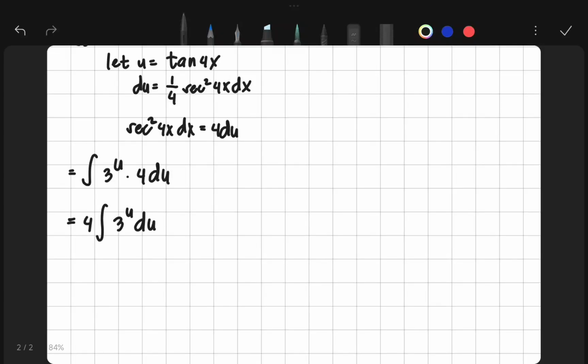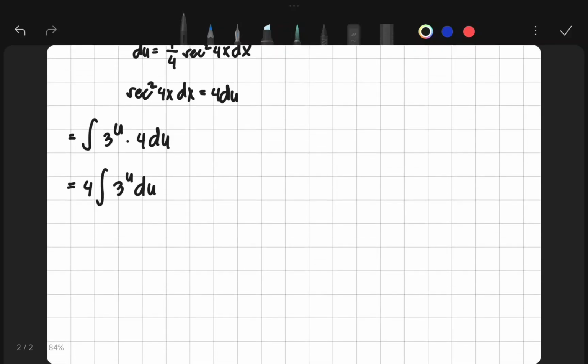And for the integral of this one, we know that it is simply 4 times 3 raised to u over ln of 3, plus c, where our a here, from the formula earlier, we have a raised to u, the a is the constant.